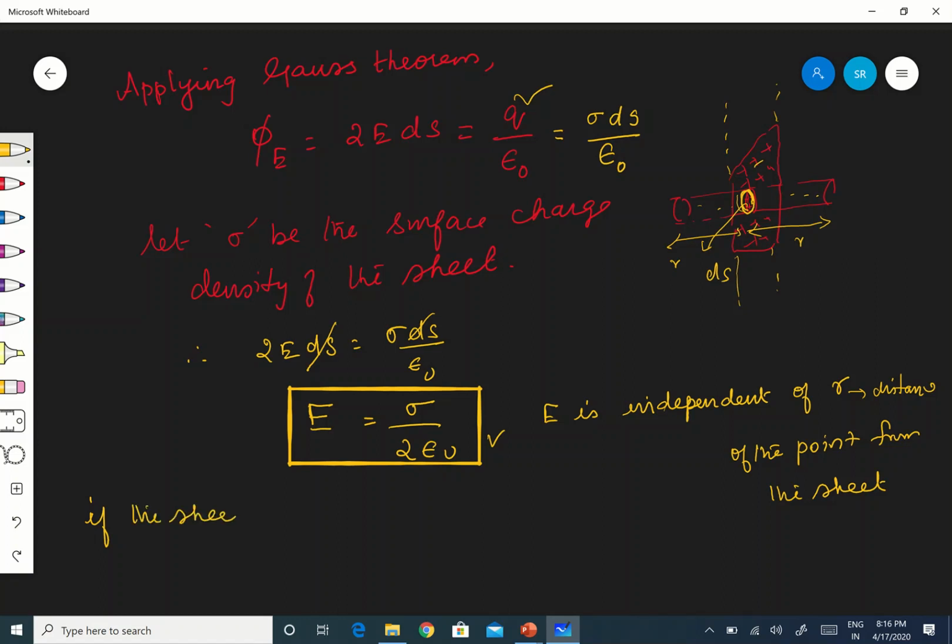if the sheet carries positive charge, what we have discussed already is that sigma is greater than 0. Then electric field E is equal to sigma by 2 epsilon naught. What happens? E is independent of r and on both the sides the electric field is uniform, correct?